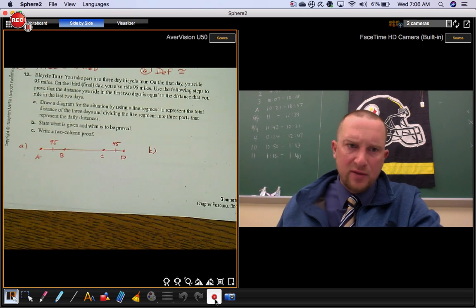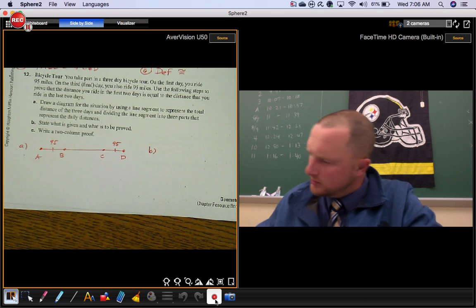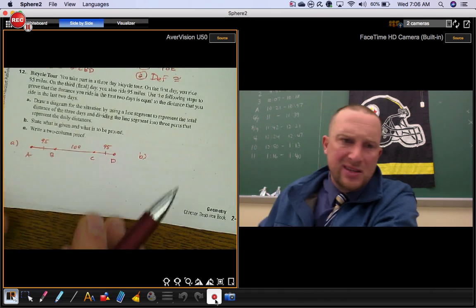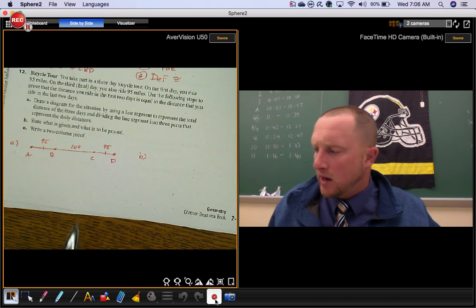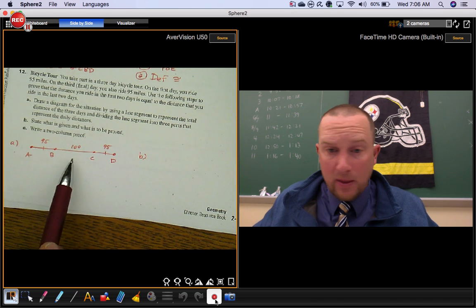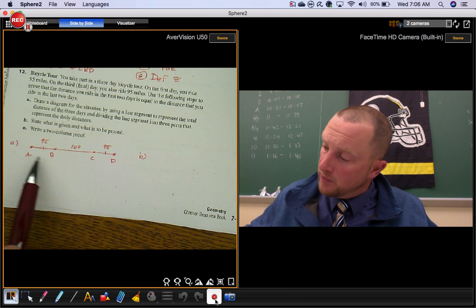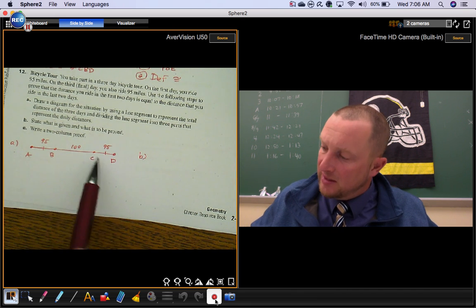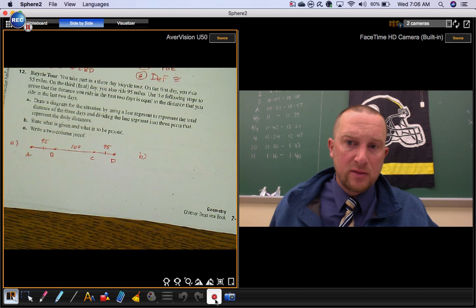So we know those are 95. Let's just say, to keep it simple, I know it doesn't look like it's to scale, but let's say B to C is 100. Let's say you did 100 miles in the middle. A to C is 195. B to D is also 195. They're equal.